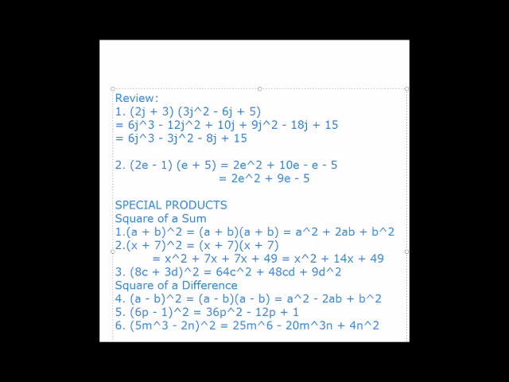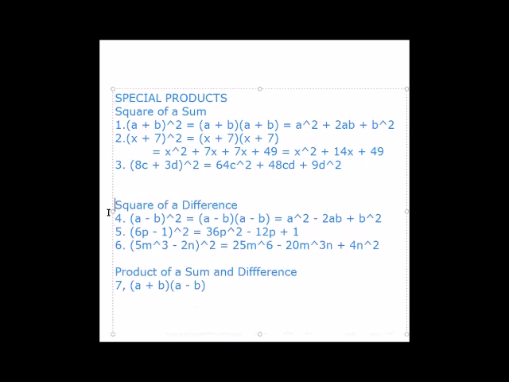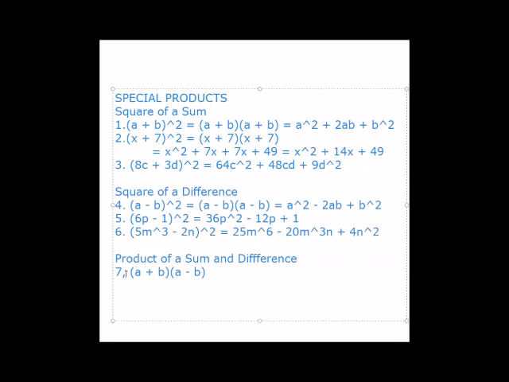And then the second binomial is a difference, a minus b. So again, we have the product of a binomial by another binomial, but the first binomial is a sum and the second binomial is a difference using the same terms, a and b. But one is a sum, one is a difference. Okay, I'm just making that clear.